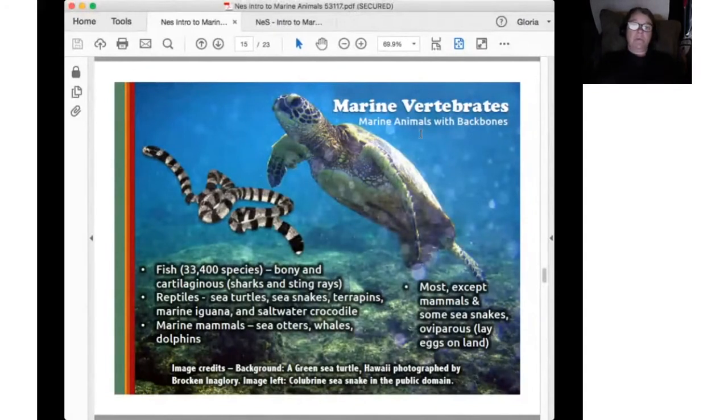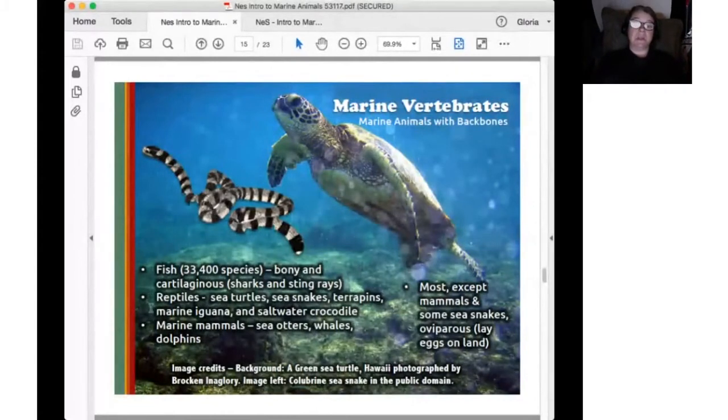Okay, so marine vertebrates, this includes fish, whose numbers are 33,400 species and counting. New fish are always being discovered each year. Bony and cartilaginous. Cartilaginous fish include the sharks and stingrays. Reptiles such as sea turtles, sea snakes, terrapins, marine iguana, and saltwater crocodile.